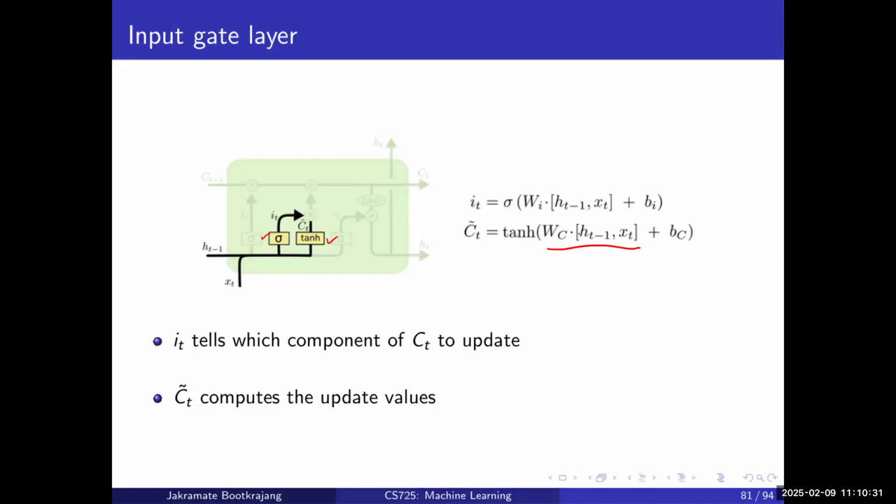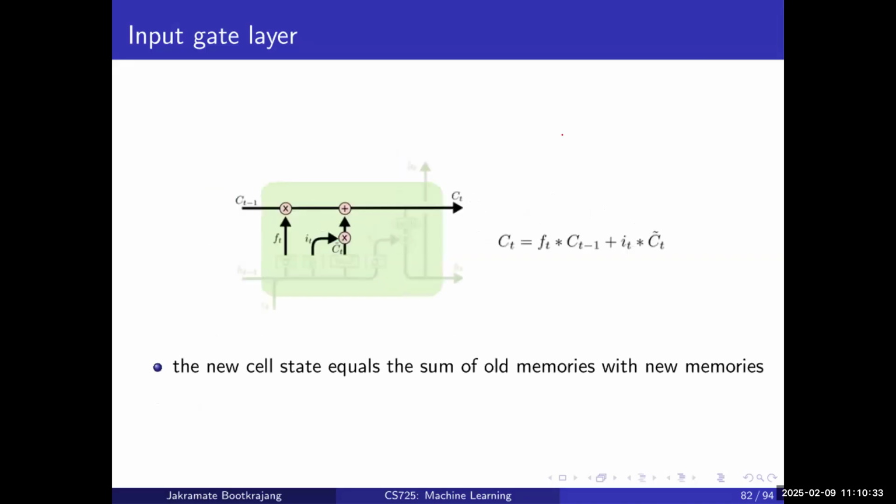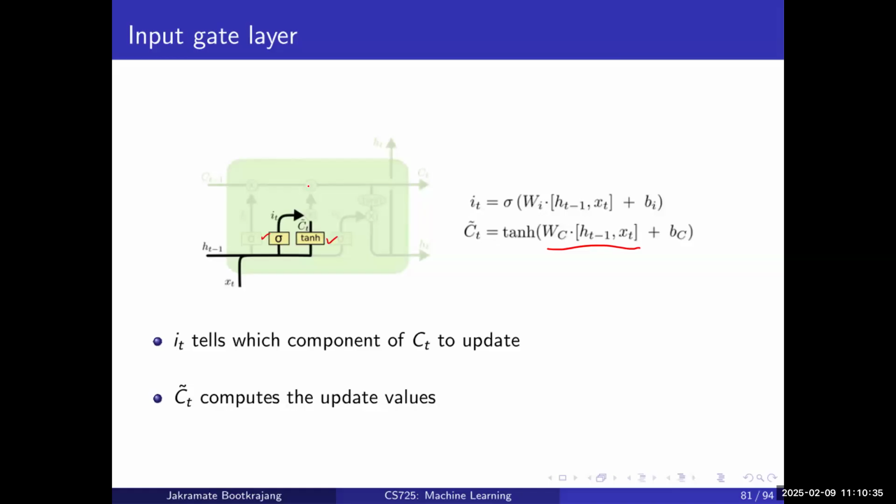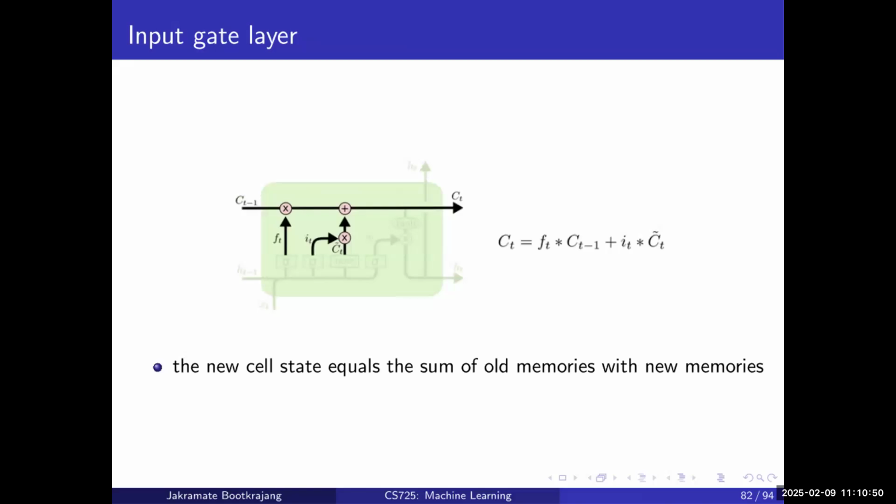Actually, you multiply them, and then you add this into the memory lane. So this is the calculation for the current timestamp. And the output from each one of them will be added to the memory lane.